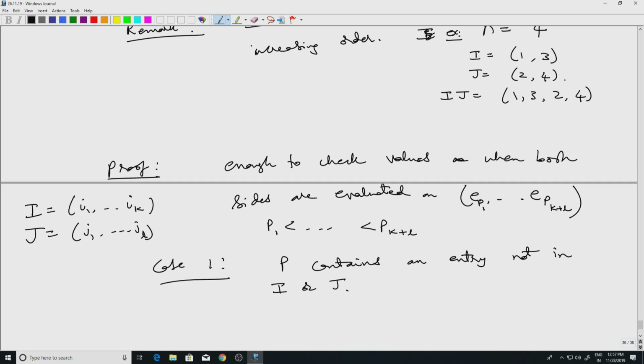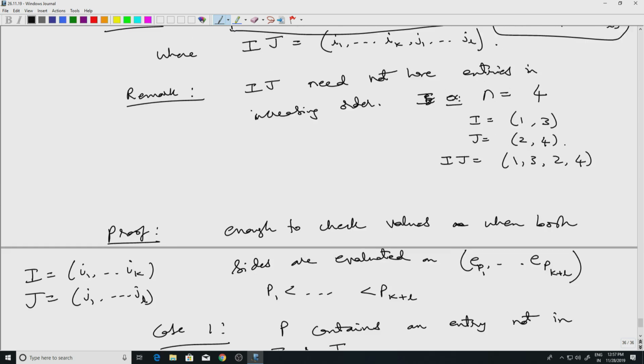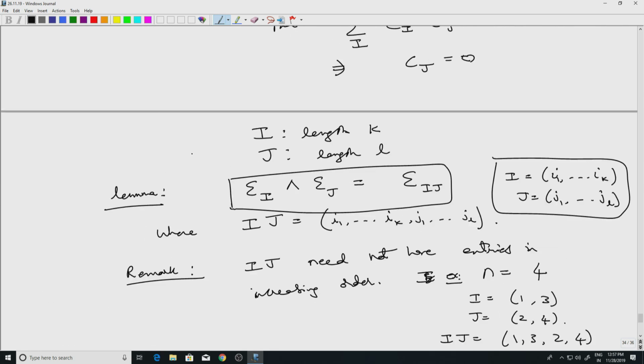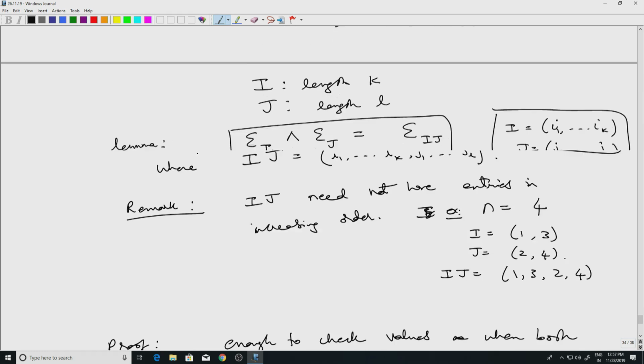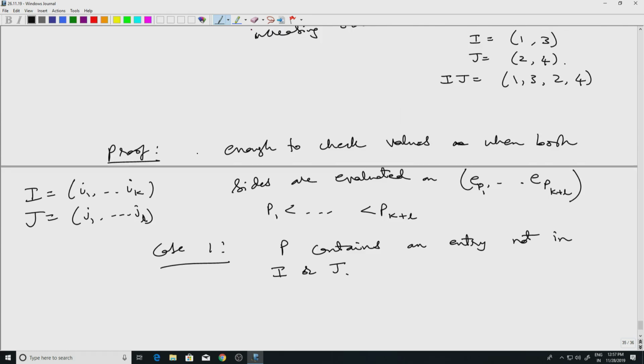So one of these P_R, let's say, will not occur either in I or J. If that happens, then the right hand side, epsilon IJ, will be 0 just by definition.